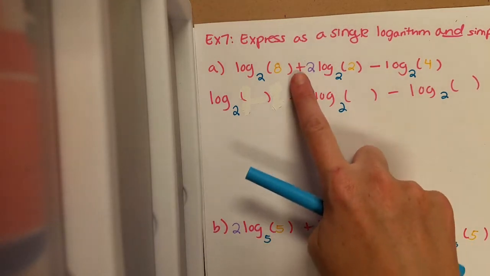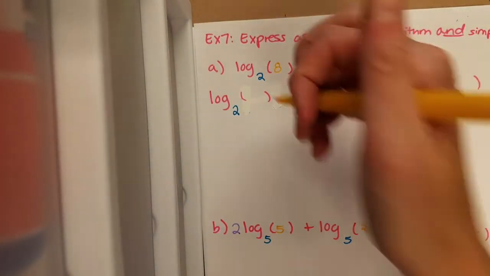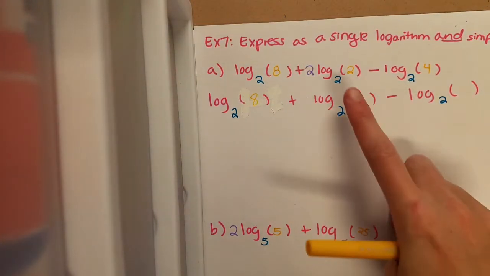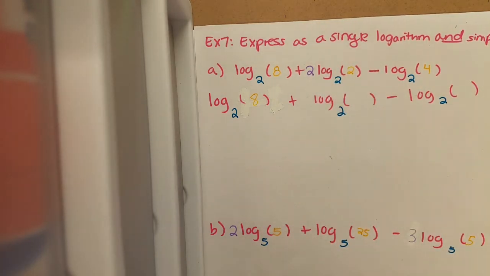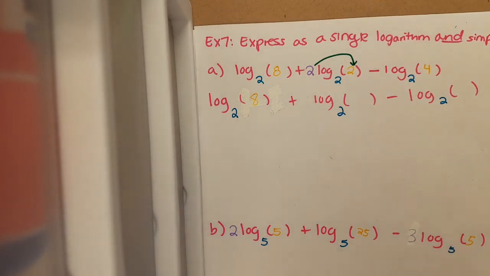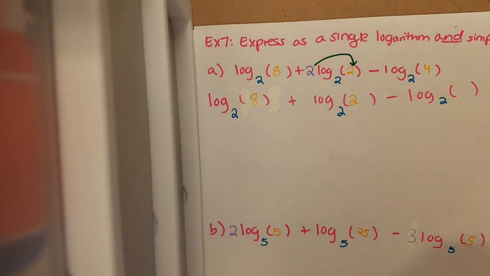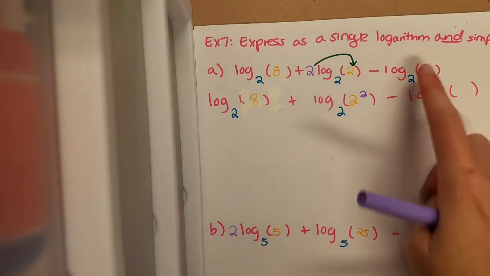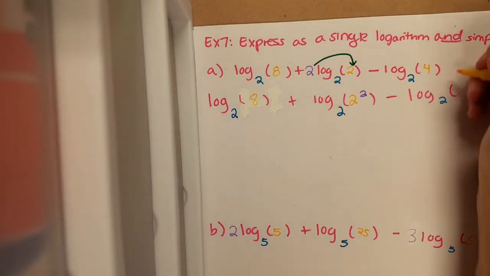So on my first one, it's just a simple 8, nothing's in front of my log, so I'm going to leave it as log base 2 of 8. Now my next log, we have a number in front. So now we'll be shifting that to the exponent spot. So this will now be 2 squared. And then my final log doesn't have a number in front, so it's already good to go.